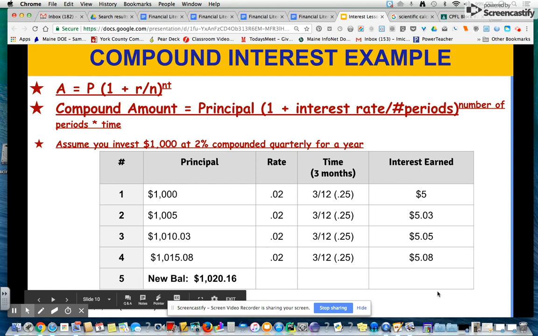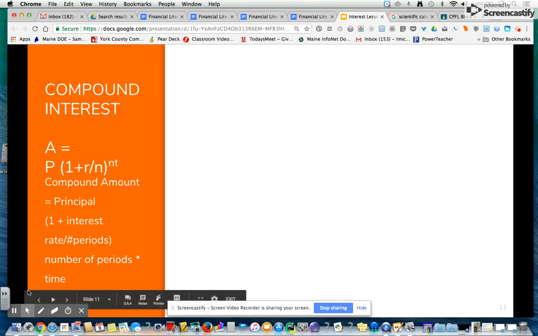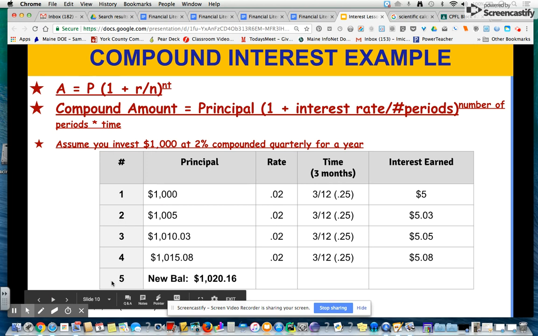As you can see, this is a long way to do it. And if you have a lot of compounding periods, it could be very time consuming. You could simply use the compound interest formula to calculate this. So you would do 1,000, which is the principal, parentheses, 1 plus 0.02 over how it's compounded, quarterly, which is 4, raised to the NT, so 4 times 1 year is 4.